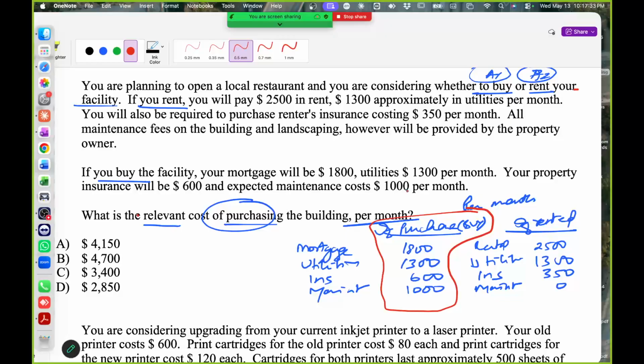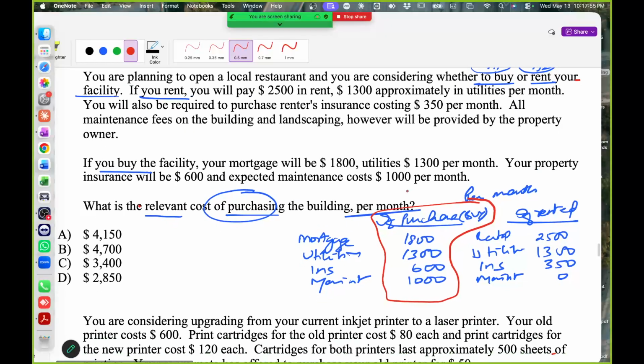How to answer this? Two things at least in your mind. Incurred in the future if we purchase. Yes, they are all incurred in the future. It should differ from the alternative. Alternative is rent. What's the relevant cost?